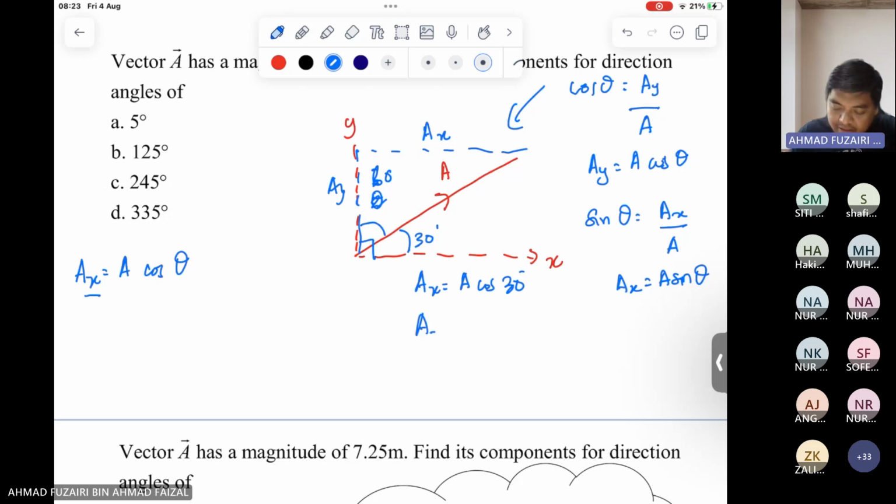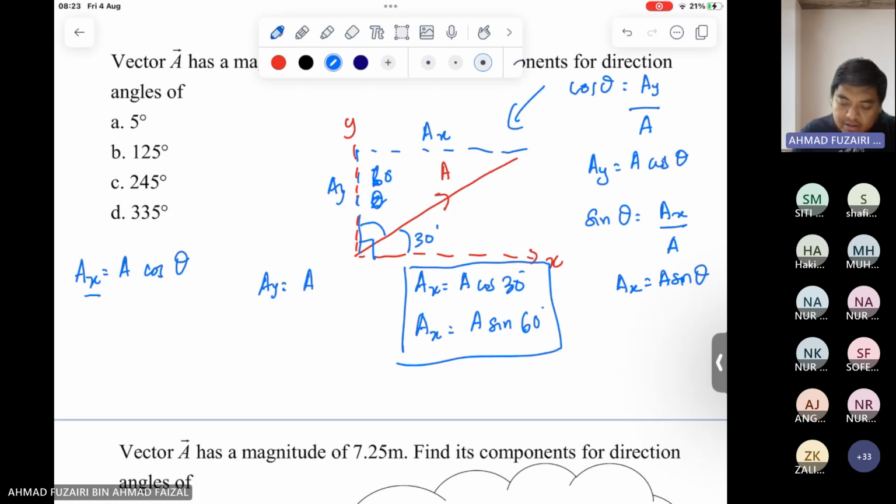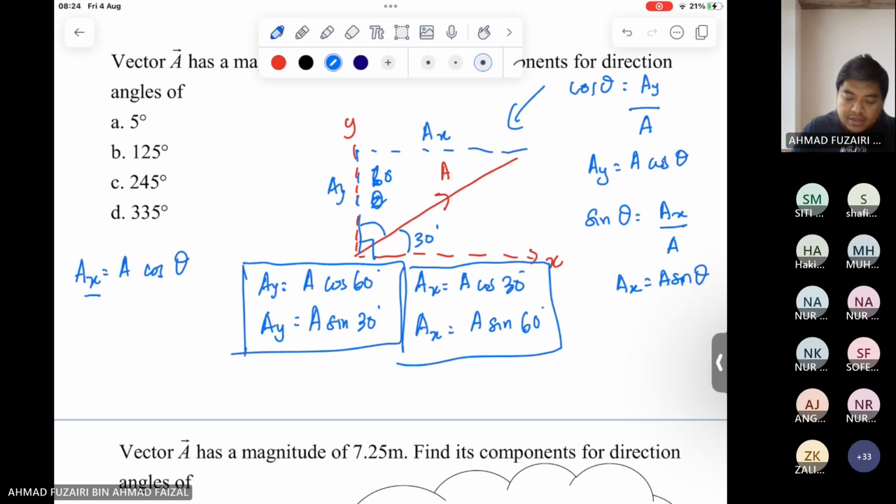AX juga ialah A sin 60. Nampak? Cuba fahamkan. AY ialah A cos 60 dan AY juga bernilai A sin 30. Kedua-duanya betul.